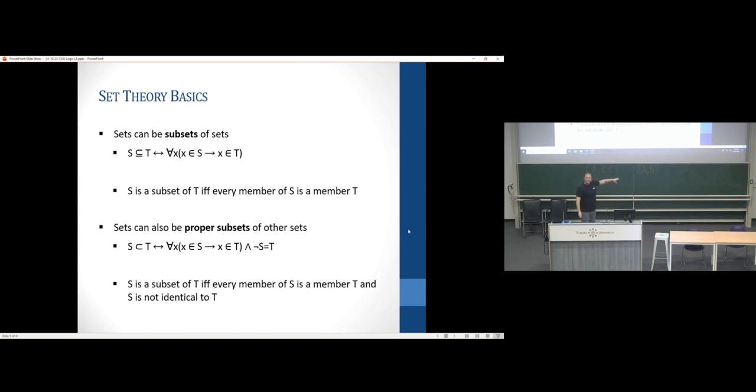Take the set whose members are A, B. This is a subset of this collection because everybody who's in here is also in here. But it is not a member. This is not a member of this collection.